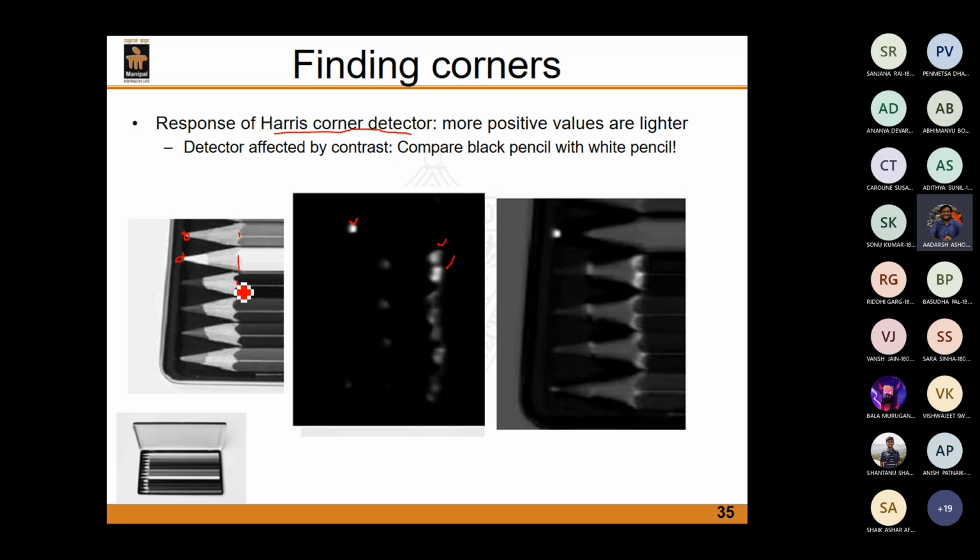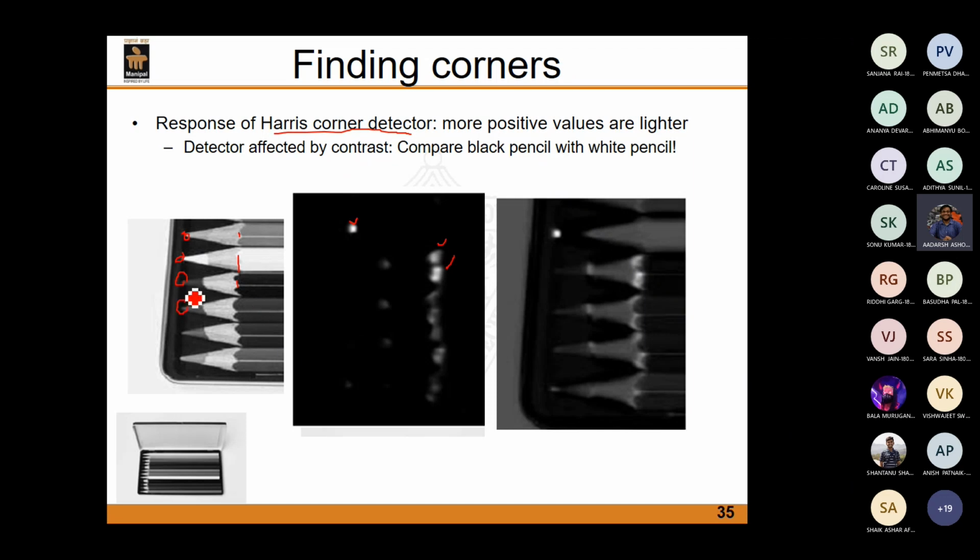But there are some corners, for example the corner over here or the corner over here, which are not detected very clearly or properly in the image. So that is one disadvantage of the Harris corner detector.